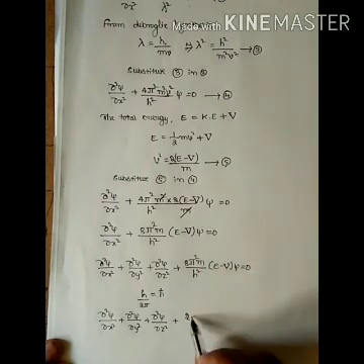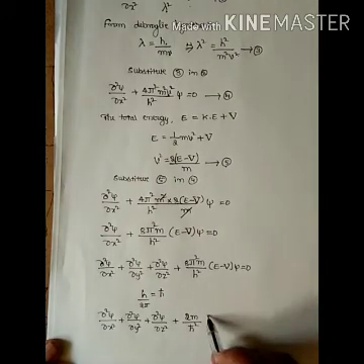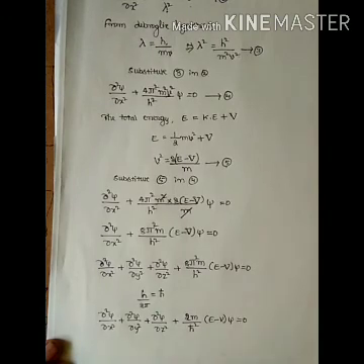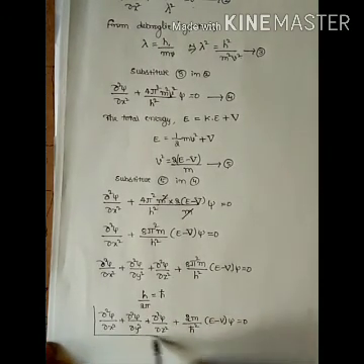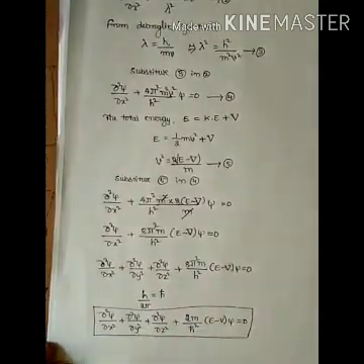So 2m by h cross square into E minus V of psi is equal to 0. And this is the finalized mathematical expression for the time independent Schrodinger wave equation.